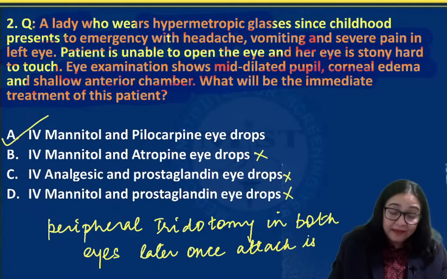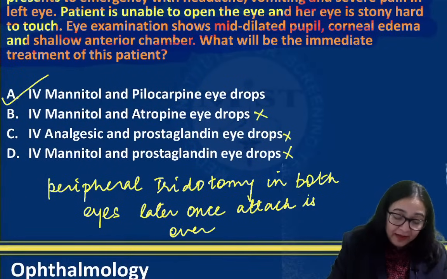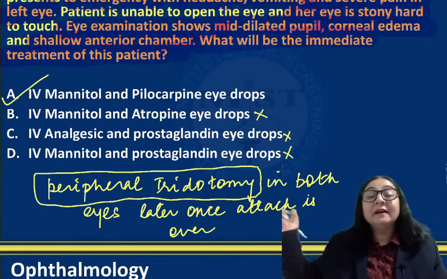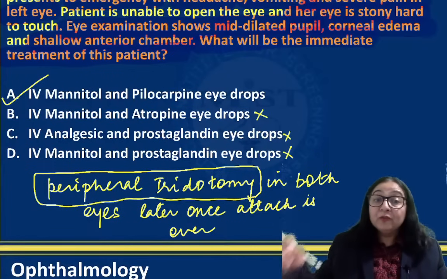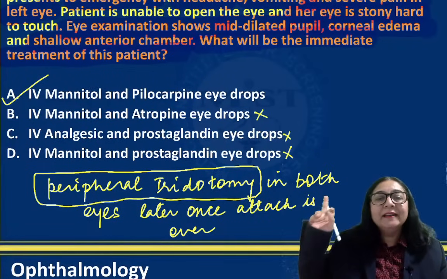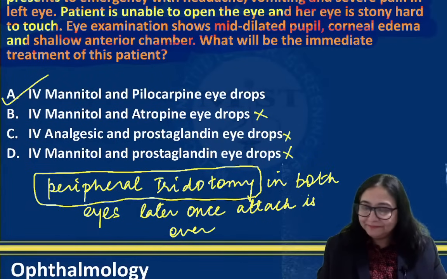The reason is because a similar thing can happen in the other eye of the patient also. So an alternate way for the aqueous to flow will be made for both the eyes once the acute attack is over. Okay beta, all clear?